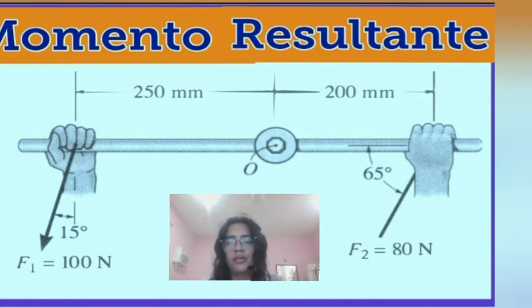We can also see the direction of both is counterclockwise, and we have a different distance from the axis: for force one it is 250 millimeters, and for force two it is 200 millimeters.